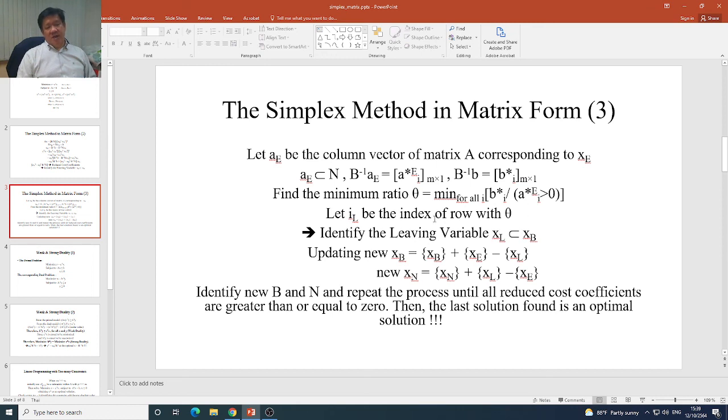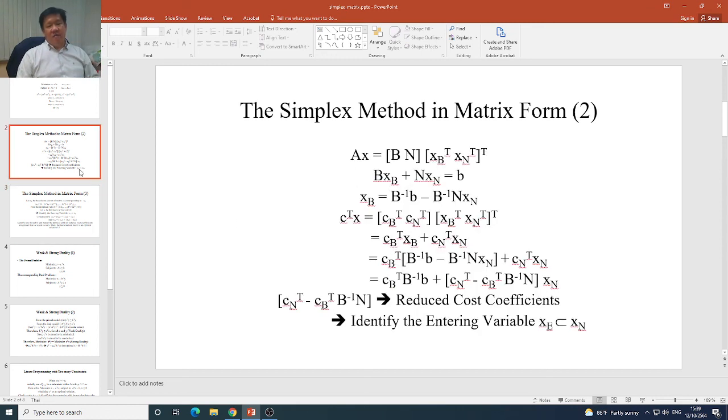Iteration by iteration you could directly solve for B inverse, but it takes some time. In technical terms, we call it the rank 1 update, because from one iteration to the next there is only one column difference in the B matrix. So to update B inverse, you don't need to restart calculating it from the beginning. You might recall that is the basic idea of the revised simplex method.